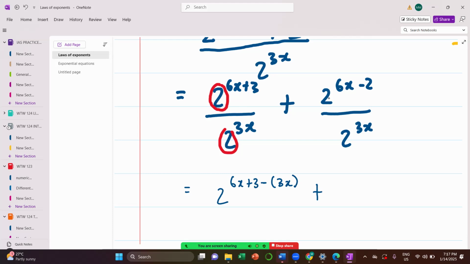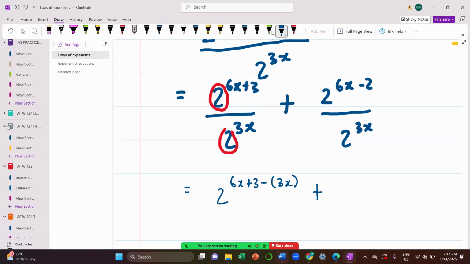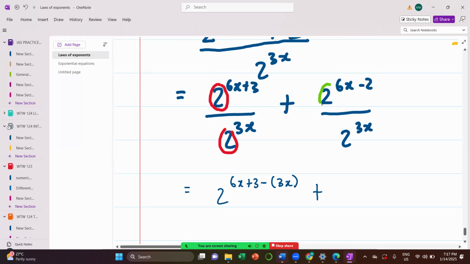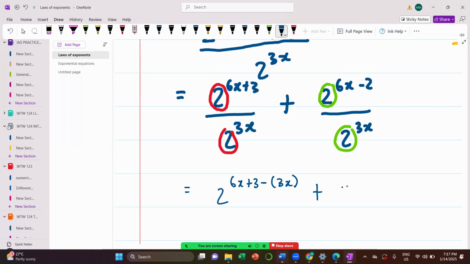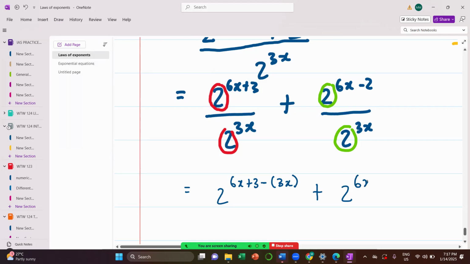I come to this one now. I check, I still also have the same base. So I can simply subtract the exponents. I will keep the base and have the exponent of 6x minus 2 minus, I put the bottom exponent into a bracket, 3x.